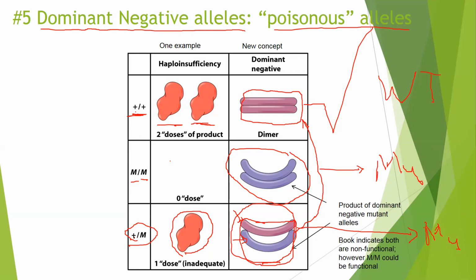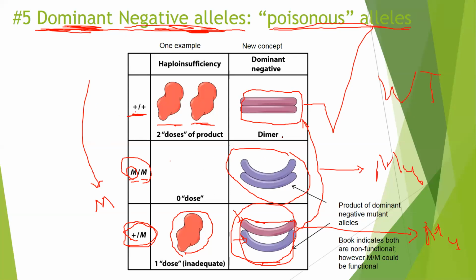All right, so if you look here, which one is dominant? Of course, the mutant is dominant, right? Because the homozygous mutant gives the same phenotype as the heterozygous. So the mutant is the dominant. That's why we say dominant. But this dominant actually is not good. This dominant mutant allele will lead to a negative situation, or the loss of function, or we also say this is a poisonous dominant mutant.